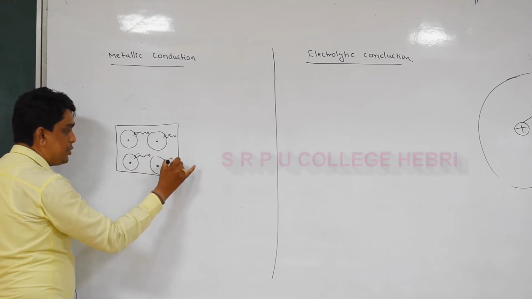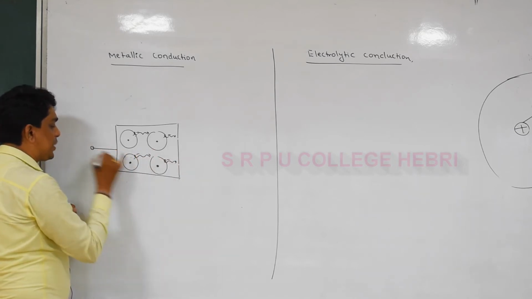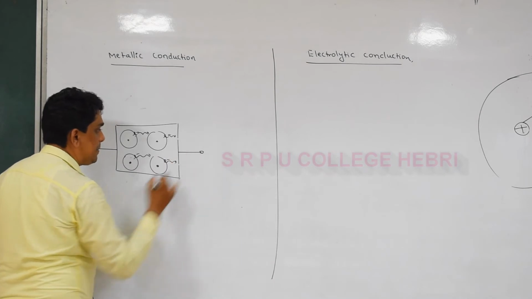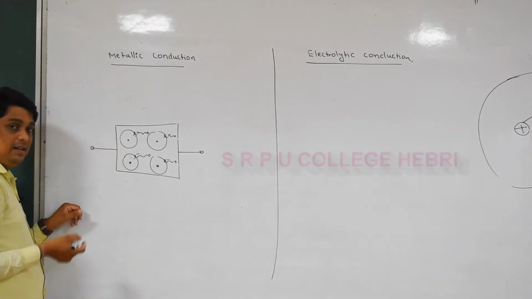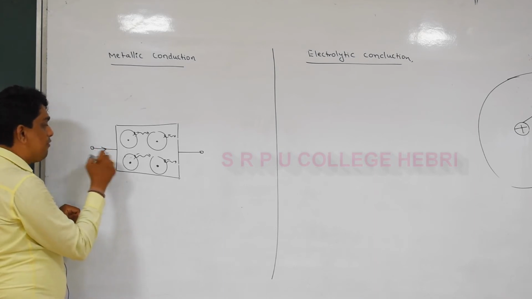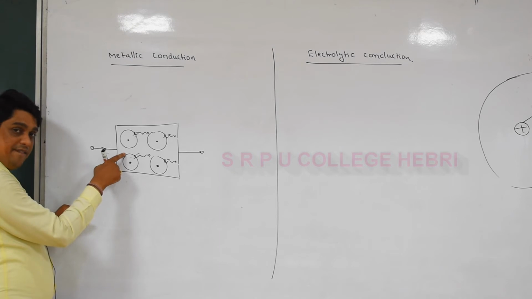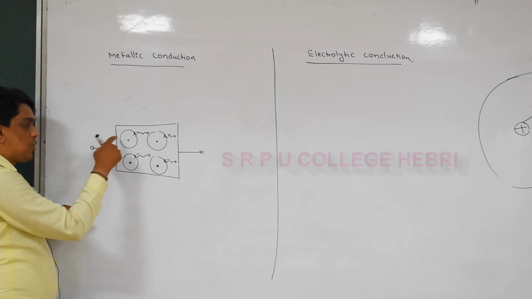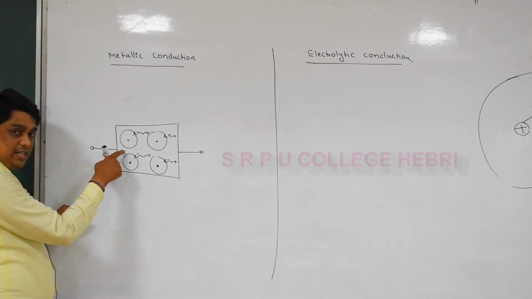Now let me connect electrodes here and apply an electric field. When I apply the electric field, electrons will be injected in. Now what exactly will this electron do after it enters the metal sheet?